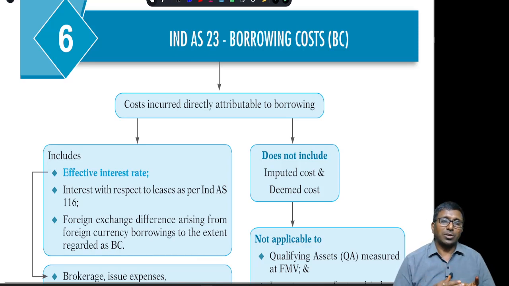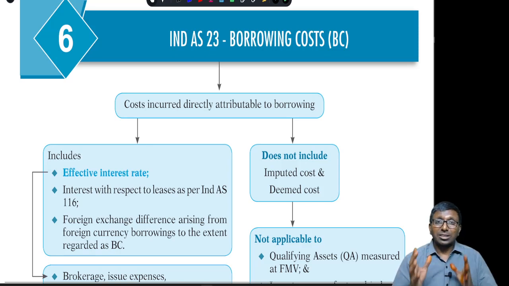The next important point is foreign exchange difference arising from foreign currency borrowing, to the extent it is regarded as an adjustment to borrowing cost. That is, out of the foreign exchange loss, to what extent, compared to if I had taken an Indian borrowing, will be treated as borrowing cost? We'll discuss it towards the end.